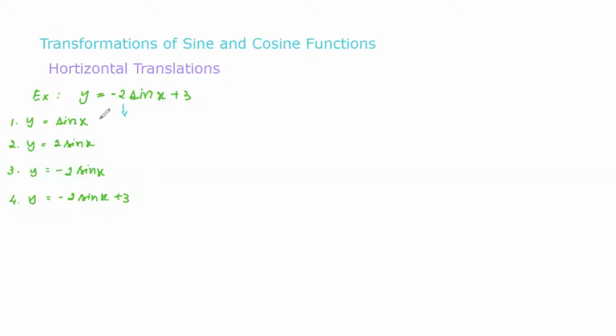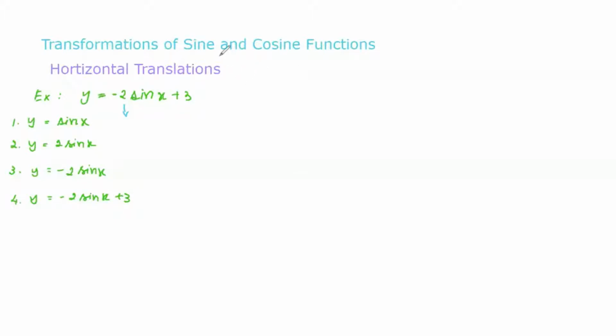The first graph is y equal to sine x, the second graph is y equal to 2 sine x, and so on. Now we want to review the vertical translations. The number 2 in front of sine x, we call a dilation.